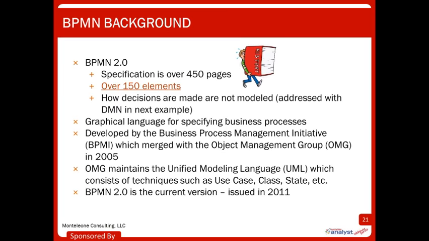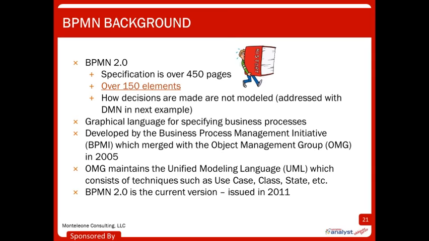But you'll notice if you read the specification, there's over 150 elements. My, 150. Now, just to give you an idea, flowcharting has 30 elements. Ooh, 30 versus 150. I like the 30 number.